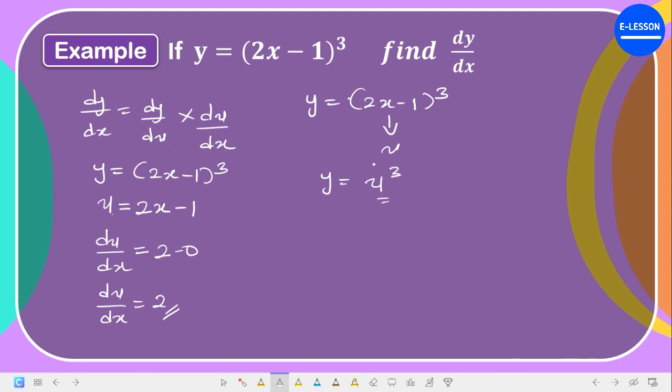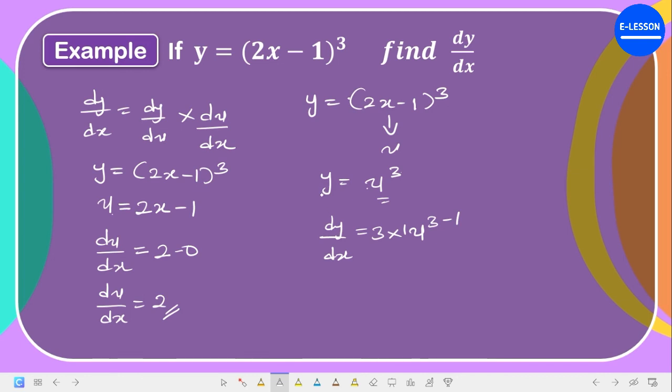Wherever you see 2x minus 1, you can put the value of u. And then differentiating this, you use 3 to multiply here. This is an invisible 1 here. So 3 times 1, then u, then subtract 1 from the power, which is 3 minus 1.